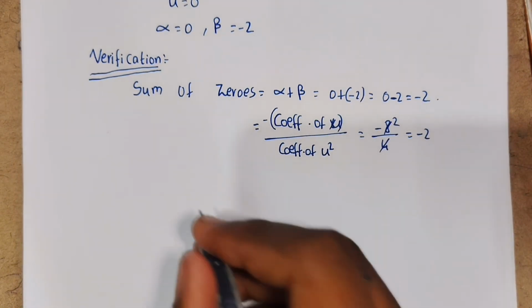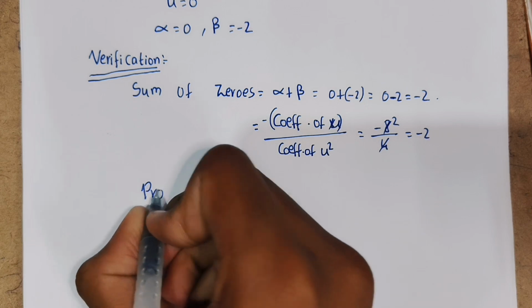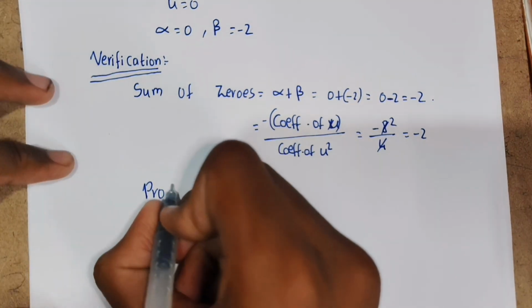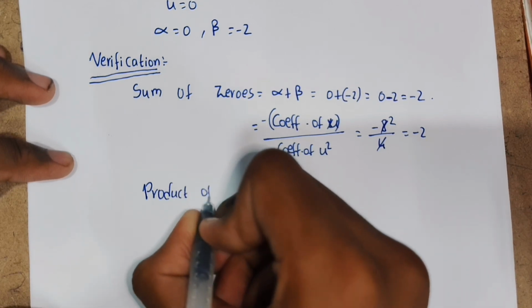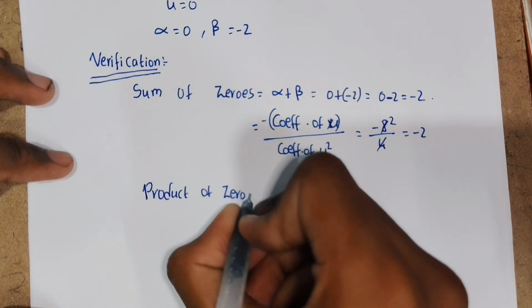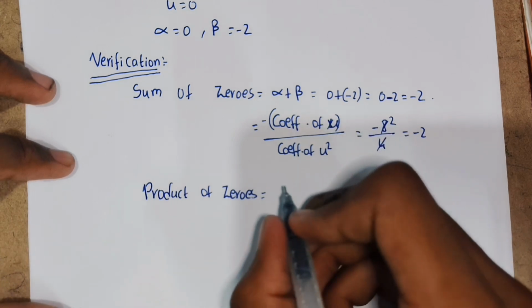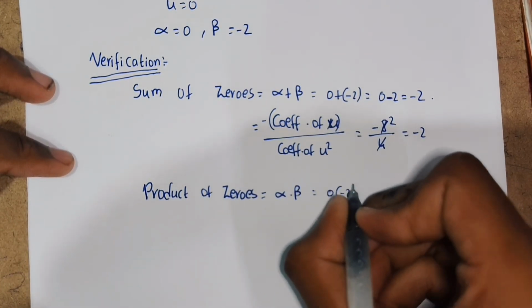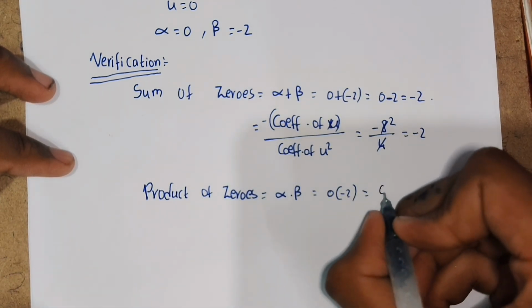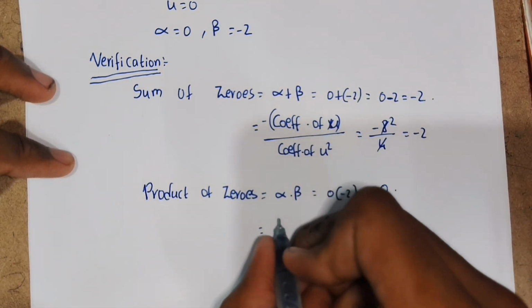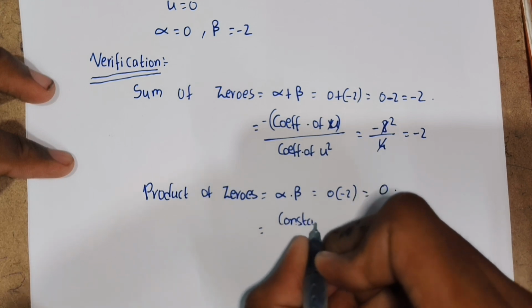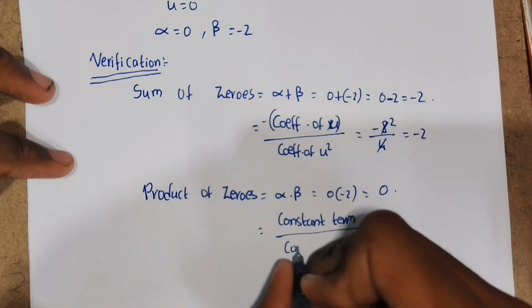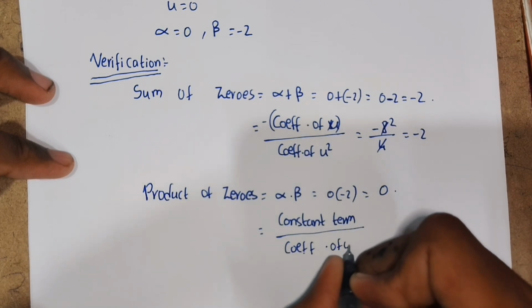Now let us do the product of zeros. Product of zeros equals alpha into beta is equal to 0 of minus 2. 0 into anything becomes 0, equals, by the formula, constant term by coefficient of u square.